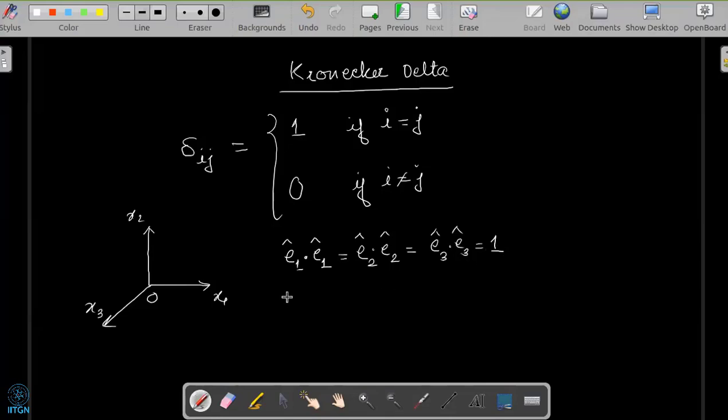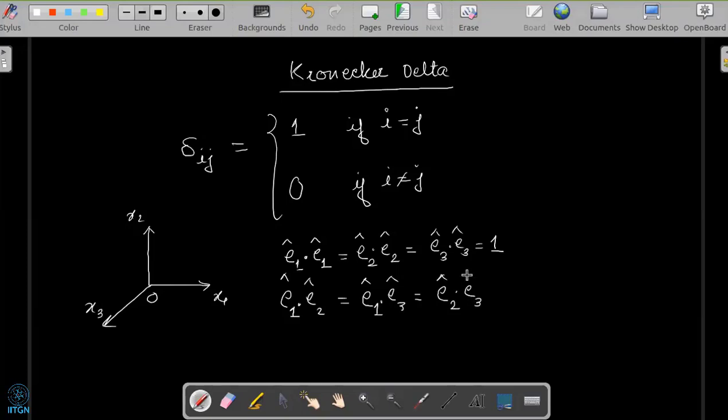If you are making the dot product of two different base vectors, then it will be 0. Since all the base vectors are perpendicular to each other, this condition must be satisfied.